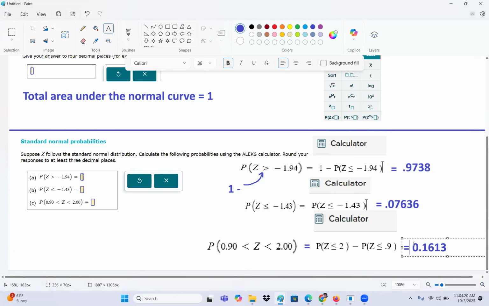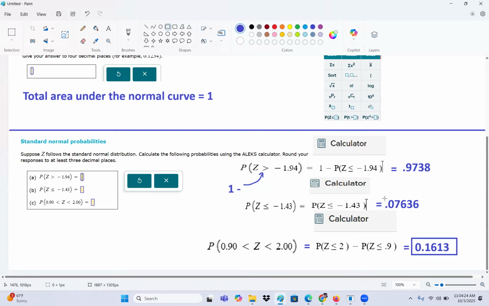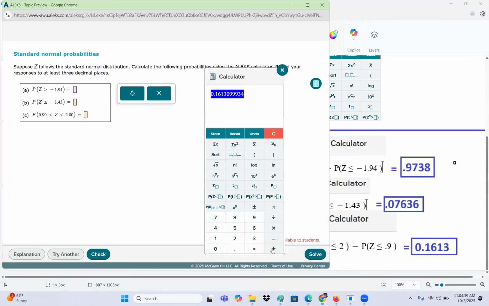Yes, perfect. And then of course you have to round to 3 decimal places: 0.974, 0.076, 0.161. So that's pretty much what we have so far.